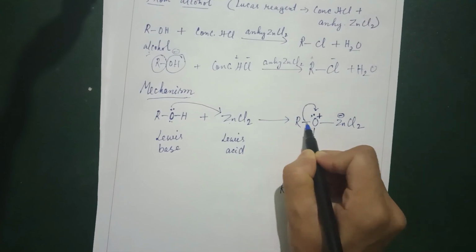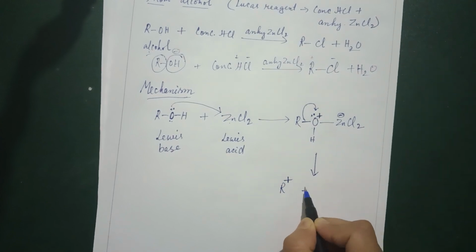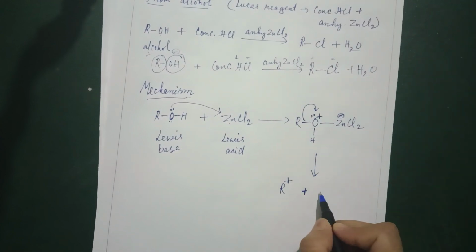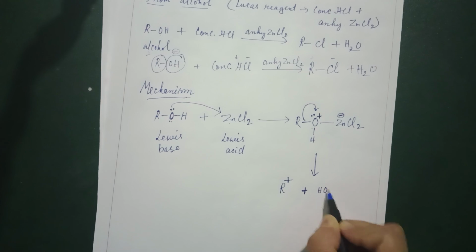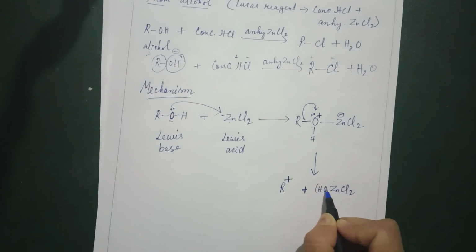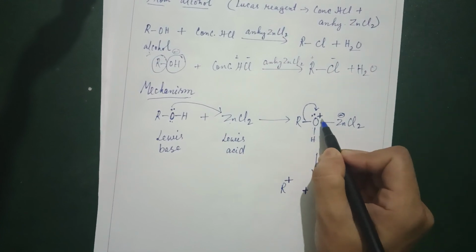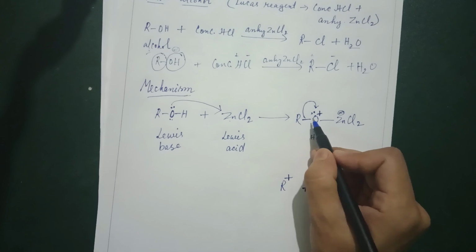The total bond has shifted towards it. Now the oxygen carrying positive charge will be neutralized, so OH, ZnCl2 will still carry a negative charge, but the oxygen's positive charge is neutralized by this bond.